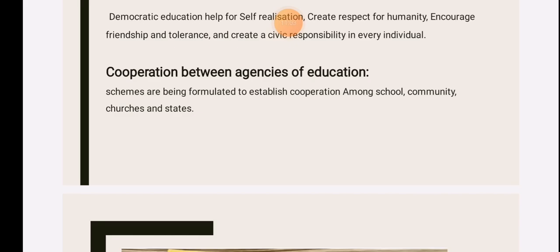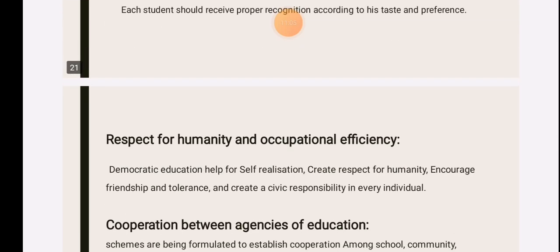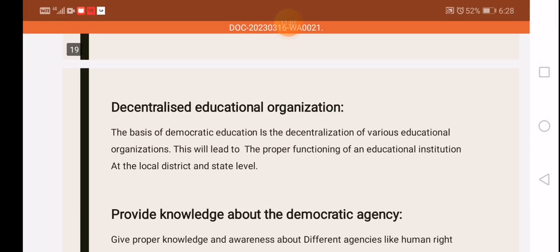So we have discussed here the basic principles.